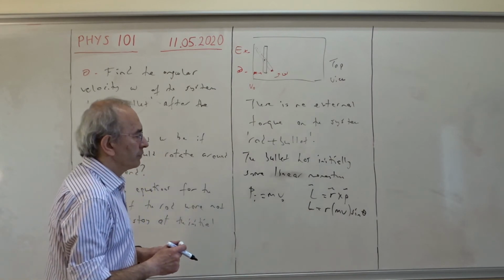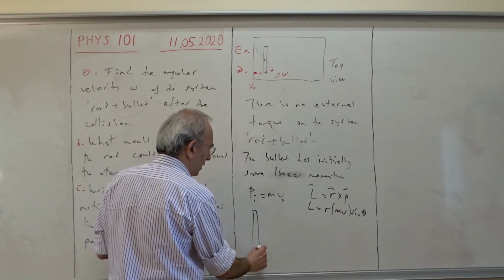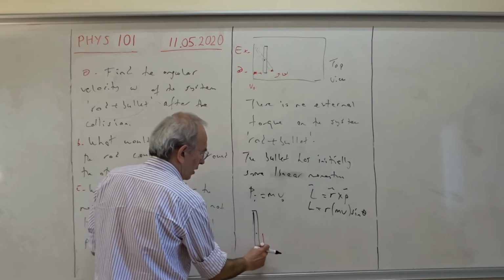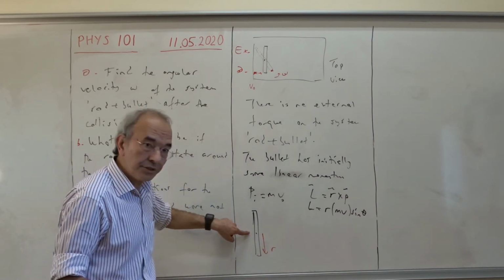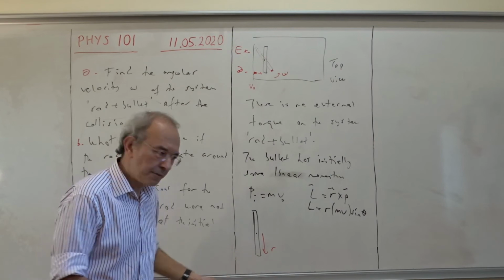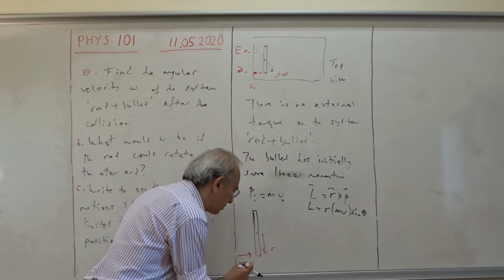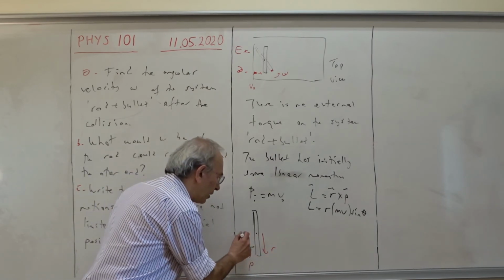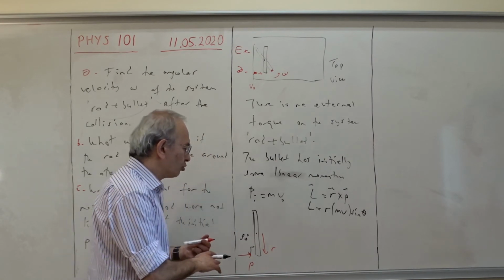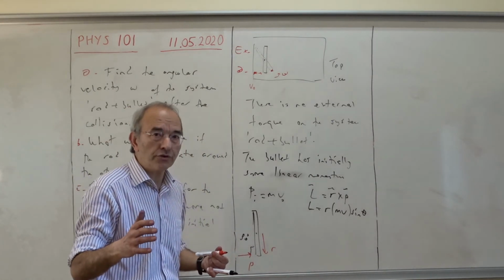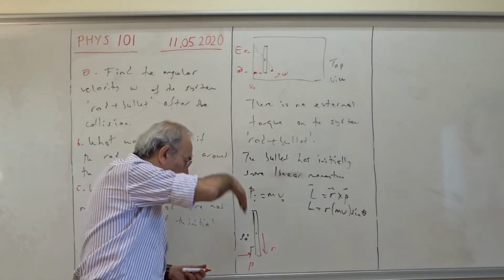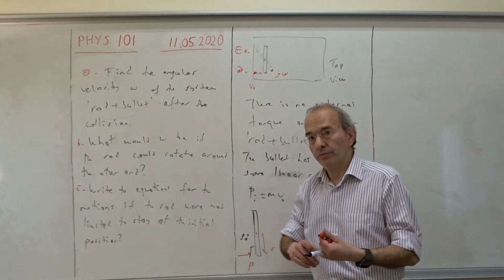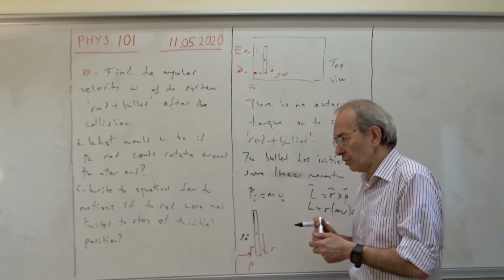But r is, in this case, let me draw the picture again. So this is the rod, and that is the vector r from the center to the point where the bullet will hit. But p is such a vector, because the bullet is coming this way, perpendicularly. So there is an angle of 90 degrees. And r cross p is out of the page, but this is not in question now.